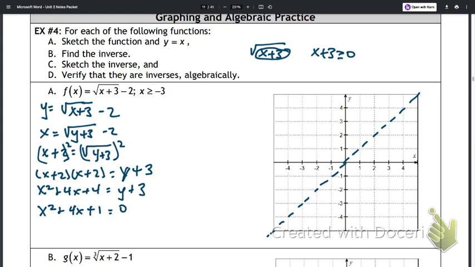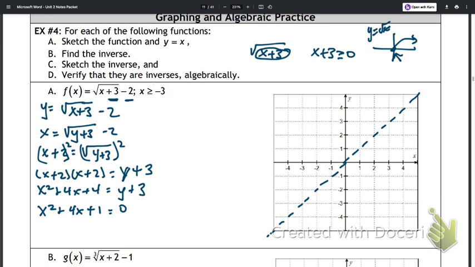What you need to make sure you do is, let's think about how we would graph this. When you graph a square root function, y equals the square root of x, it looks like this. This point right here gets transformed using these. This is in transformation form. So we've gone to the left 3 and down 2.